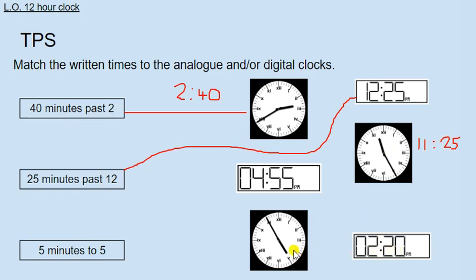And then this one here, hang on a second. If we look at this one, 1, 2, 3, 4, and it's 5, 10, 15, 20, 25, 30, 35, 40, 45, 50, 55.